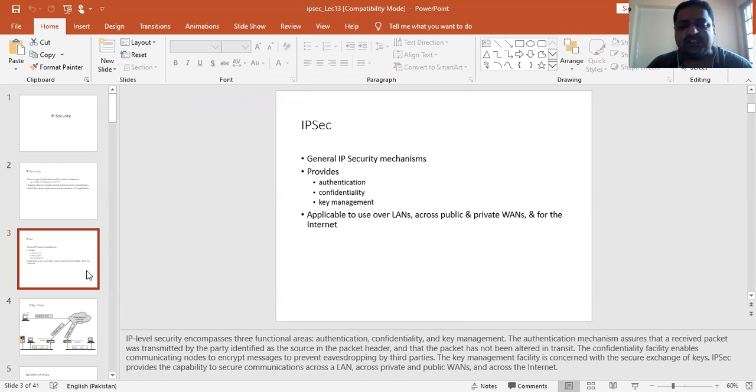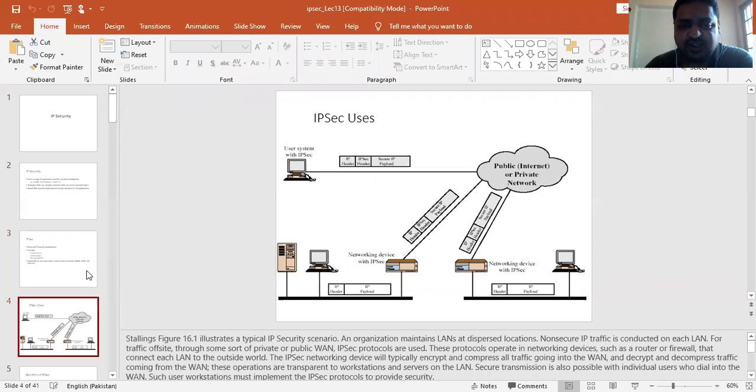These are the main features providing security to the data and to the packet, for example. So how can we provide these securities? Different fields are used to provide the security. For example, this figure explains how it is used to provide security using different layers, and which devices are using the IP security protocol.